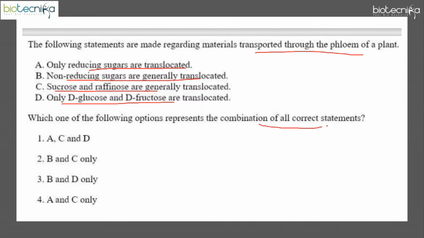Identify the correct combination of statements from here. So this is related to solute transport. What should be the correct combination over here?